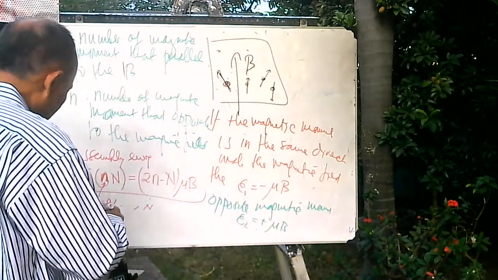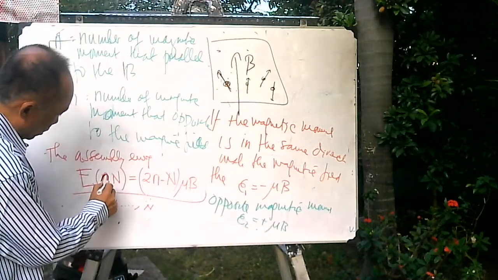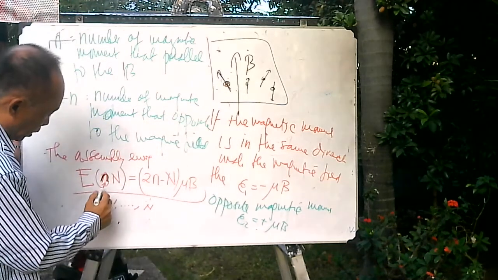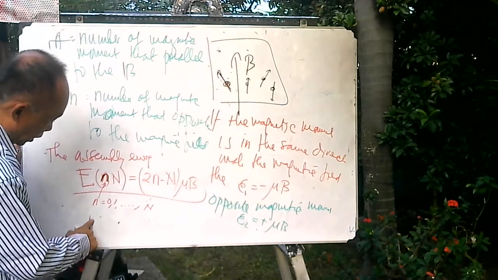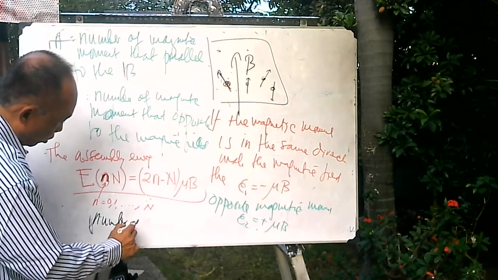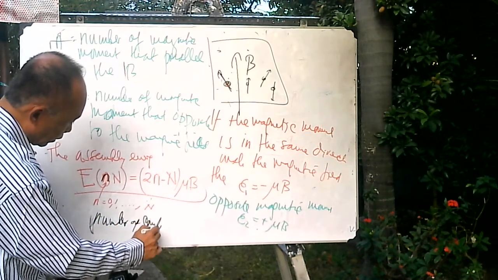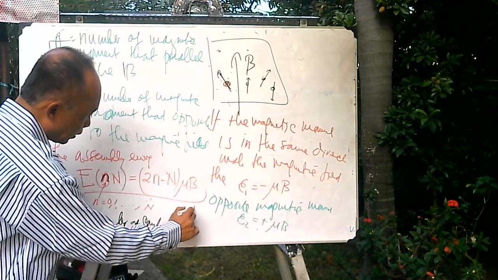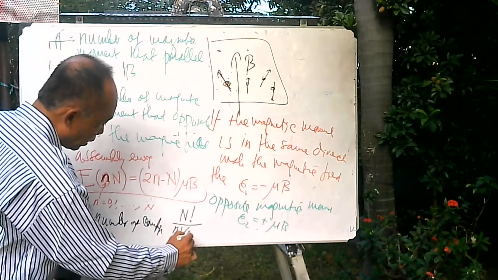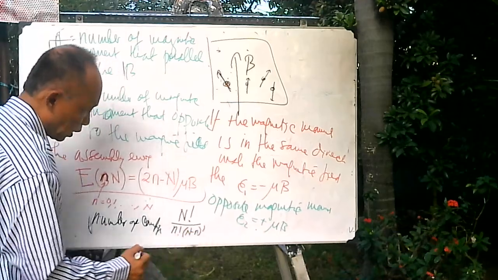The number of configurations when small n magnetic moments are in the same direction as the magnetic field, we have discussed, is equal to large N divided by small n factorial times (large N minus small n) factorial.